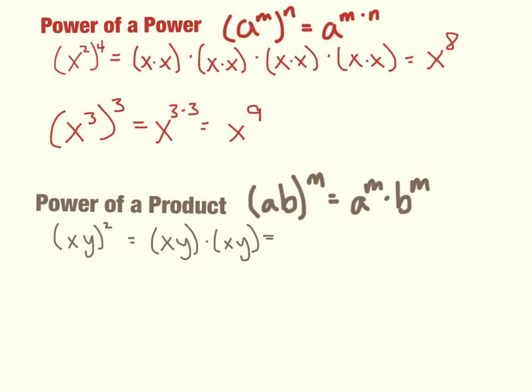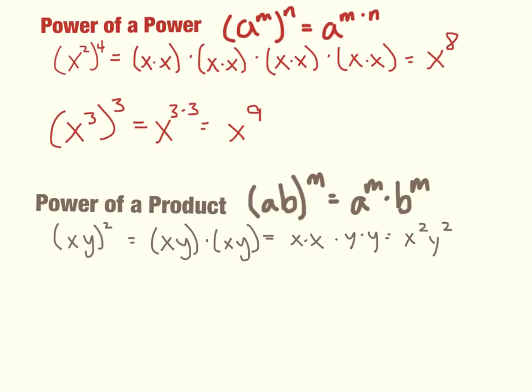Well, since all these things are being multiplied, I can write them in any order. That's the same thing as x times x times y times y. How many x's do you have there being multiplied? 2, so that's x squared. And how many y's? Times y squared.